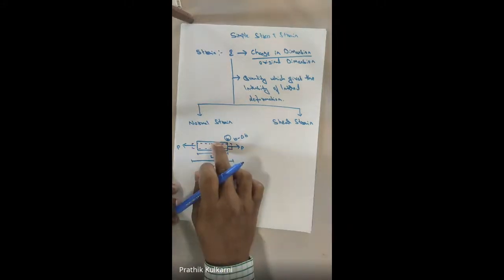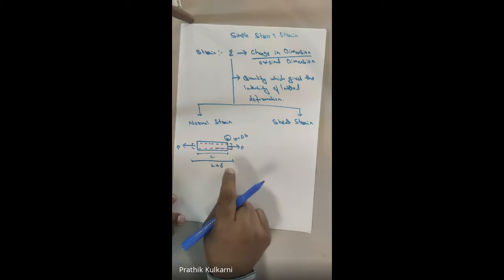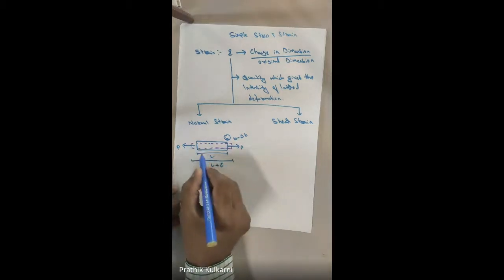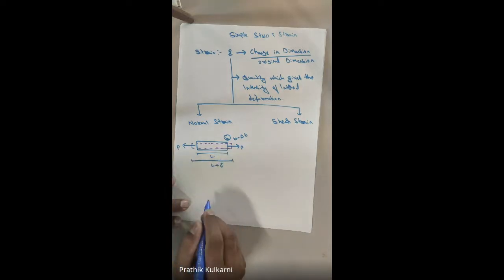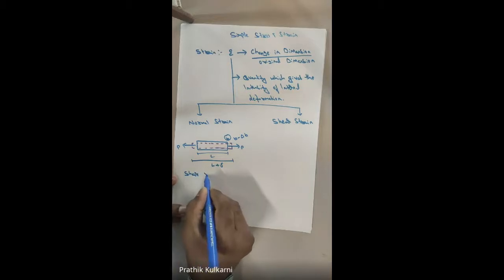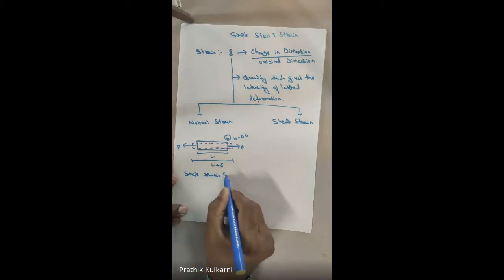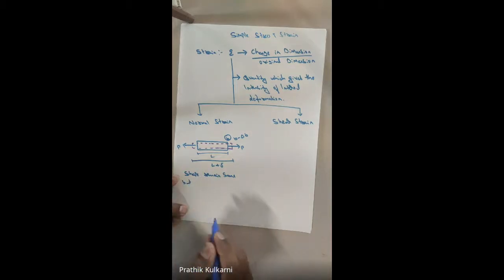Here if you see, what is happening? Is the shape same or is the shape changing? Here if you see, it was a rectangle. After deformation also it is a rectangle. Yes or no? The shape remains same, but what happens to its size?